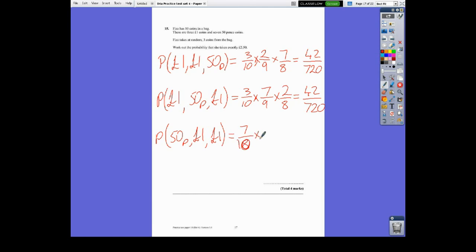We would then multiply that by 3 pound coins out of 9 coins left, and 2 pound coins out of 8 coins left. Again, it's 42 out of 720. Because we're not bothered which way we do this, we add those together. So if we add those together, we get 126 out of 720. And to cancel that down, that will get down to 7 out of 40.